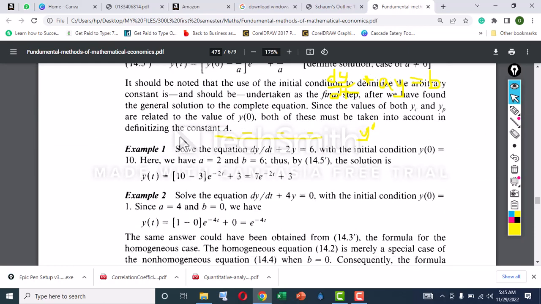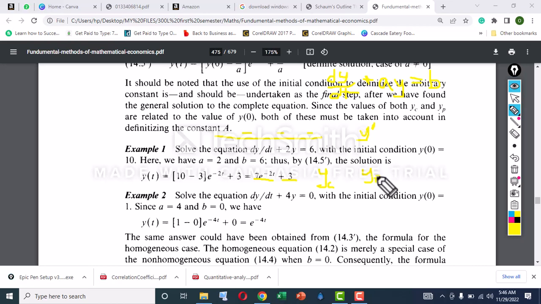For my example here, after getting an answer, this guy here, this 7e^(-2t), is what we call the complementary function. And this plus term is what we call the particular integral. The complementary function is sometimes written as y_c, and the particular integral is written as y_p.